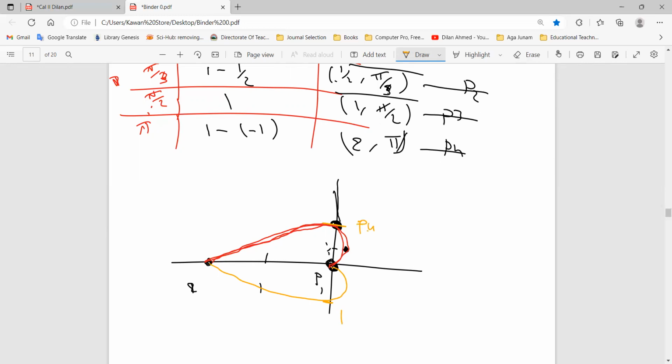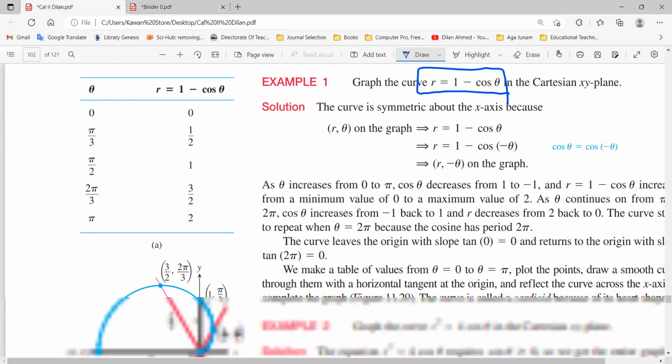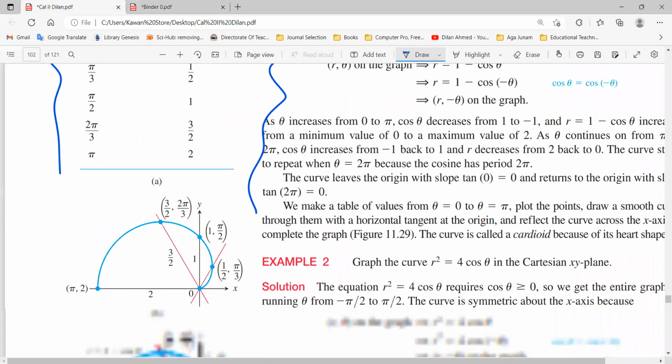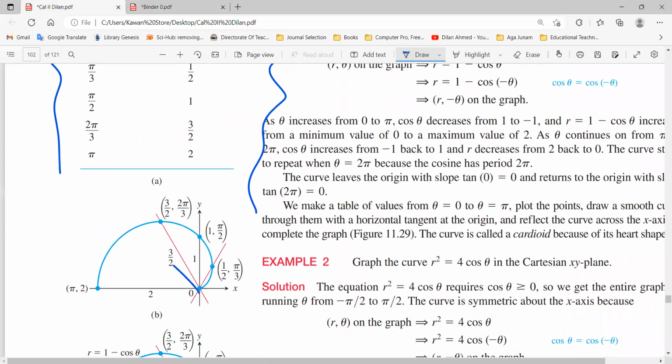So this one will be the reflection of P4, that one the reflection of P2, and that one the reflection of P4. You got it? That point is 2 and pi. So here you are, the symmetry, the points, and the angles, and the graph.